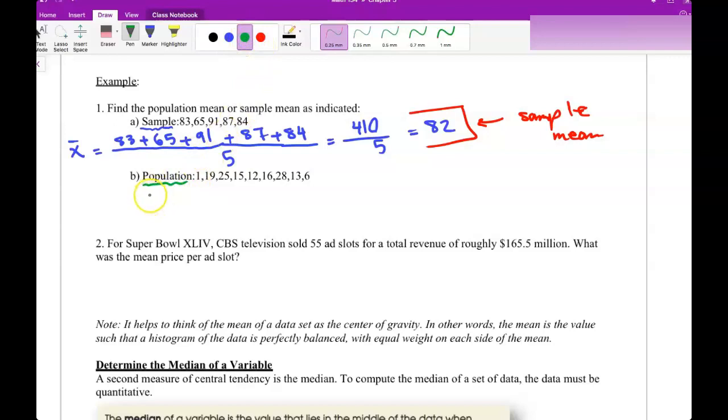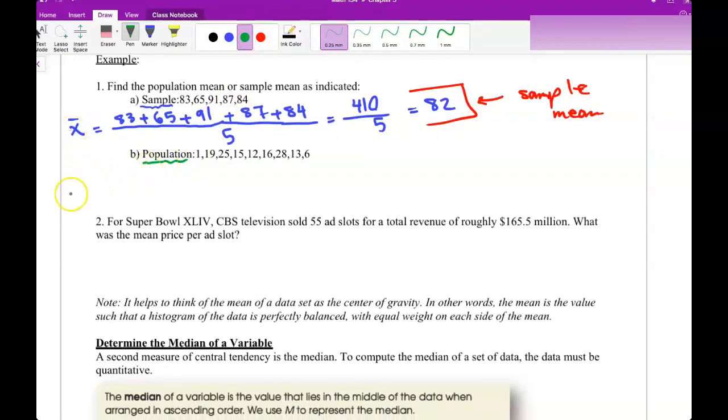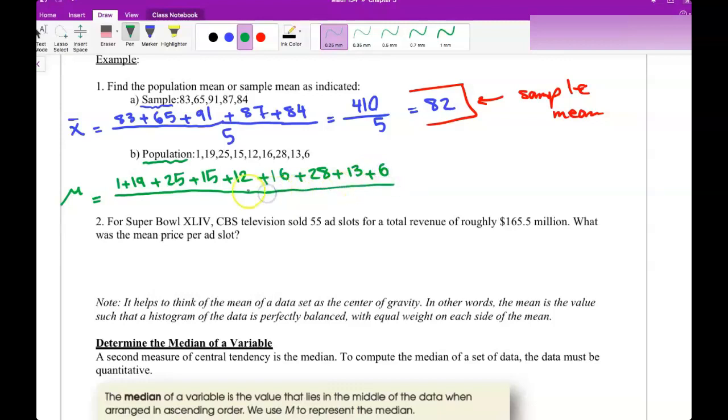Now part B is a population. Since we have a population, instead of X bar we have mu. Adding all these numbers on top, divided by how many numbers we have, 1, 2, 3, 4, 5, 6, 7, 8, 9.